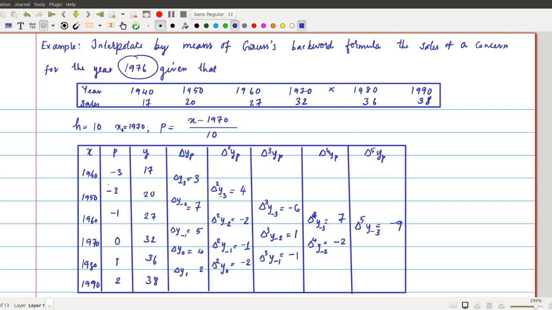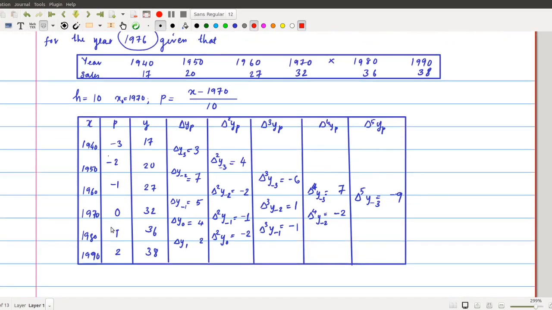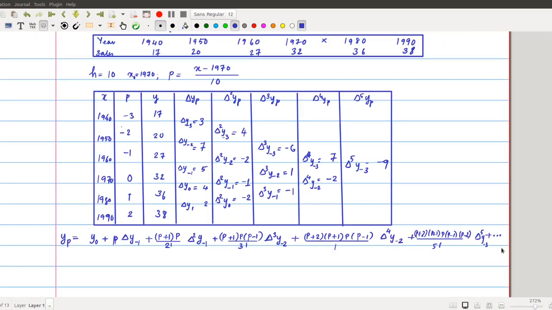Now before we go into use the formula, we denote those values that we really wanted to get the formula. So we need in this formula, in fact I will write the formula again here. This is our formula.